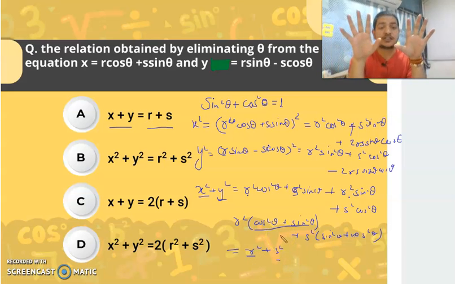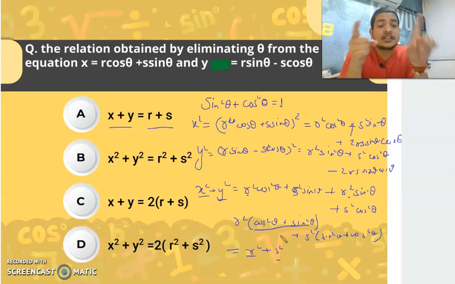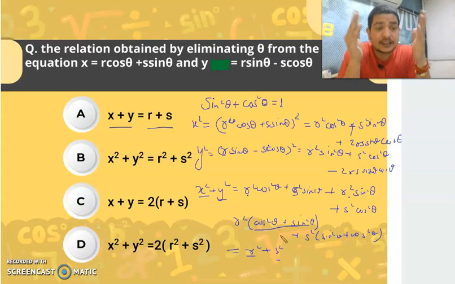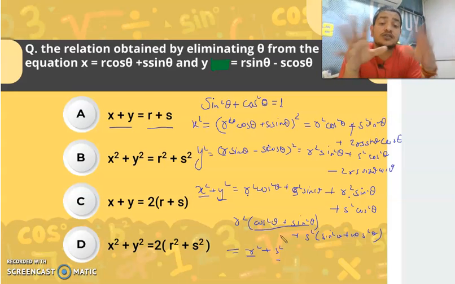So see this question. This question is blended with what? Algebraic identities. First, which algebraic identity are we using here? (a plus b) whole square. And with that we are getting some dissimilar and similar terms, and with that we are using a trigonometric identity, which is sin square theta plus cos square theta is equal to 1.